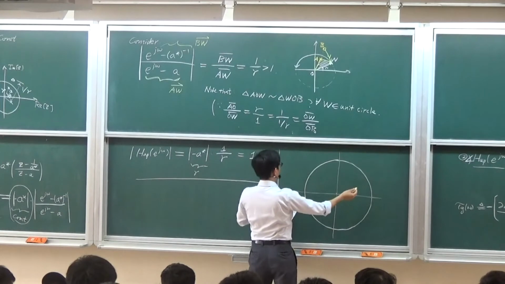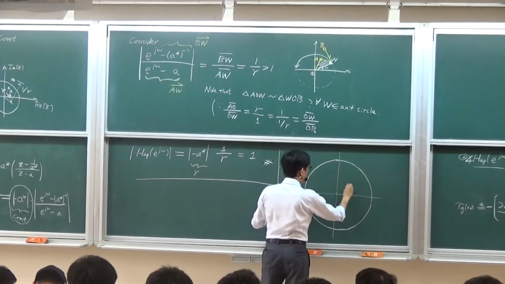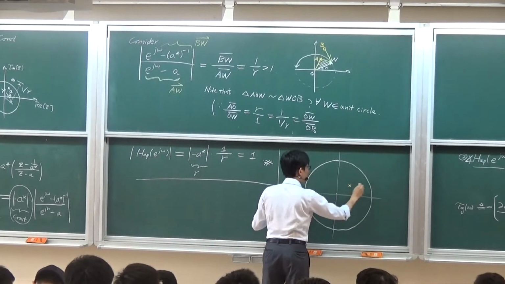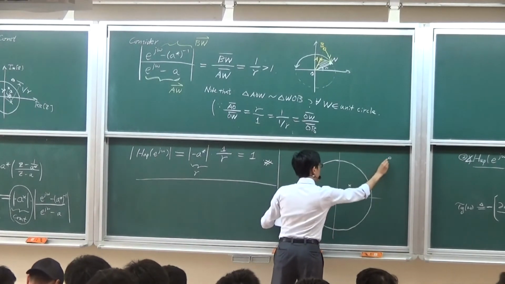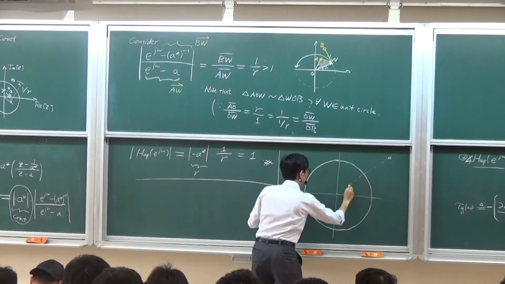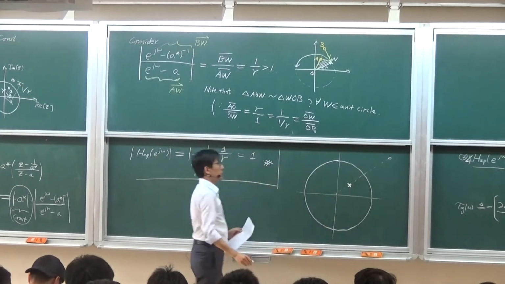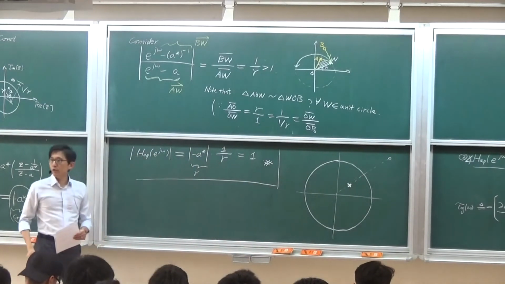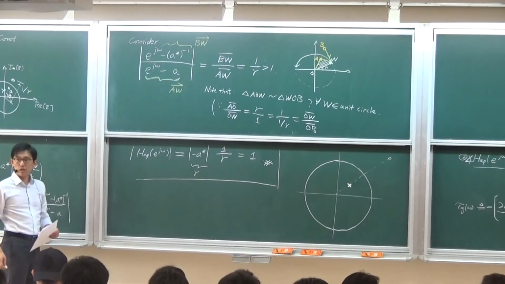And assume that we have one pole and one zero. The pole is inside and doesn't have to be close to the circle, and the zero is outside, at the same angle. How about the phase response? We have a geometric interpretation.